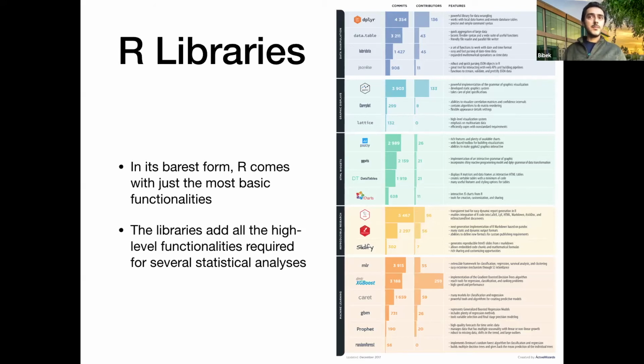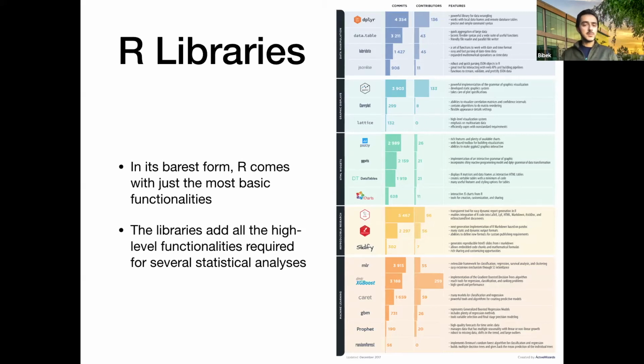You have to use small tools, and they are called libraries in the R lingo. There are thousands of libraries, and each library is made for a specific task, and they add all the different high-level functionalities that are needed in your day-to-day life.